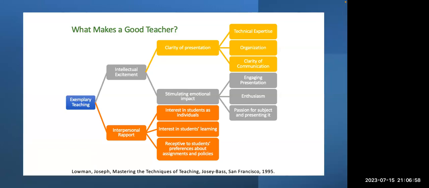So basically, intellectual excitement means how you are presenting your lectures, how you present your content, the level of expertise in the way you present the content. Now, how does the level of expertise become clear? I could be teaching a first-year class and a fourth-year class.